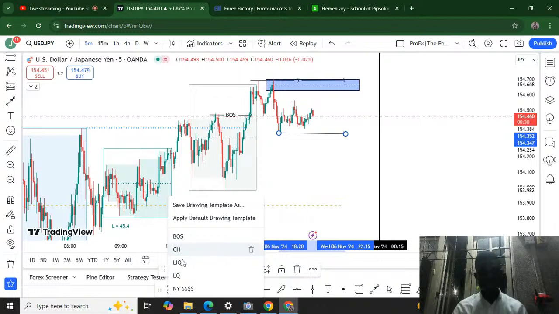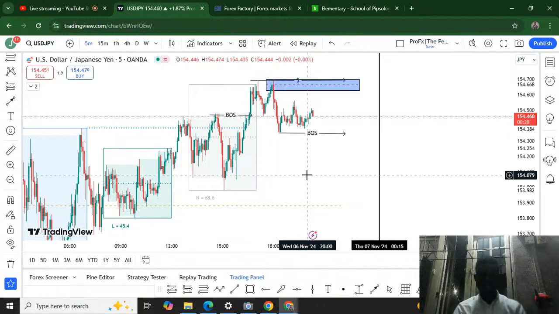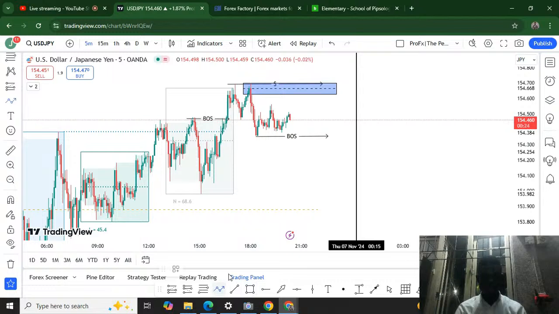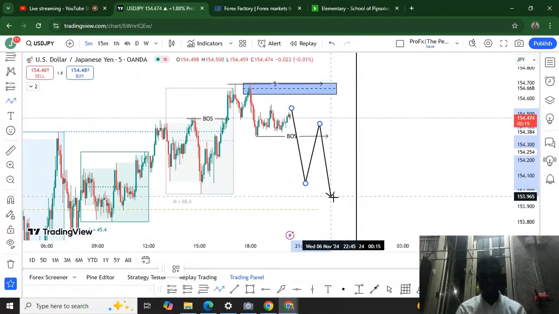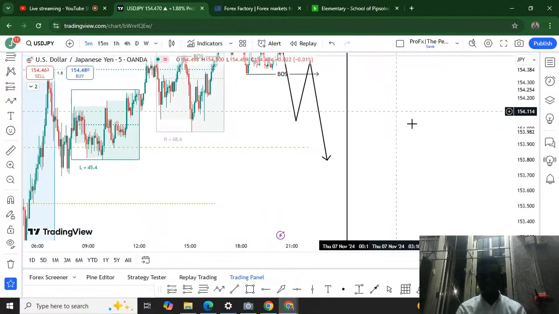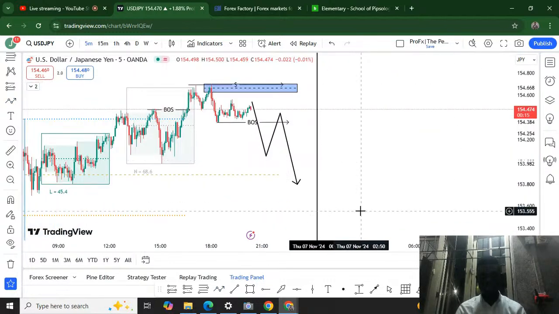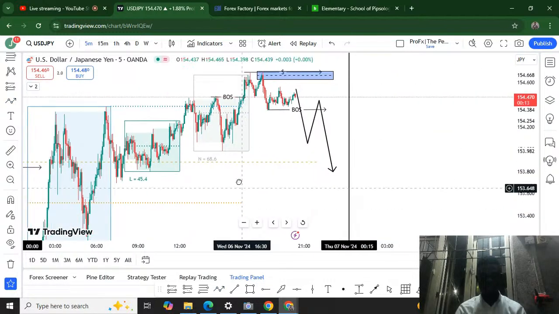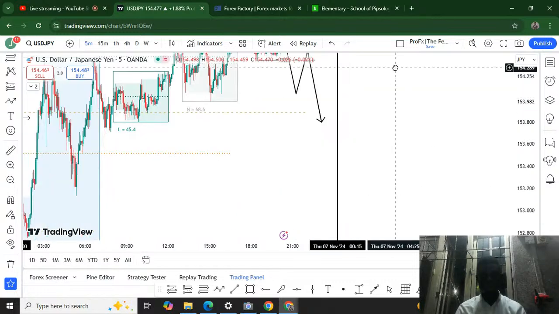Once I see a break of structure here, it means we are ready to start selling. That means I want to see this break out, then pull back, and we sell. Sell all the way down.